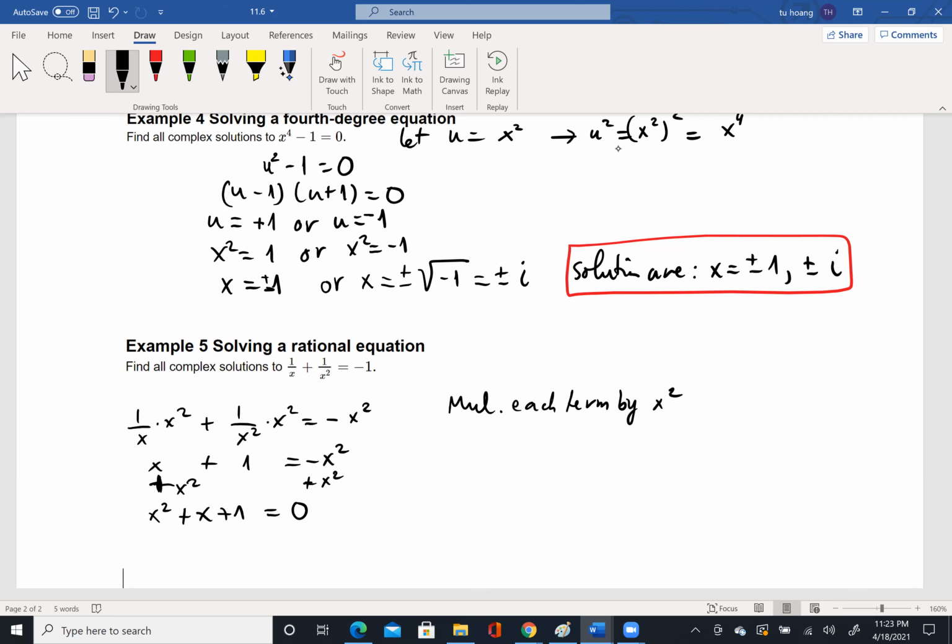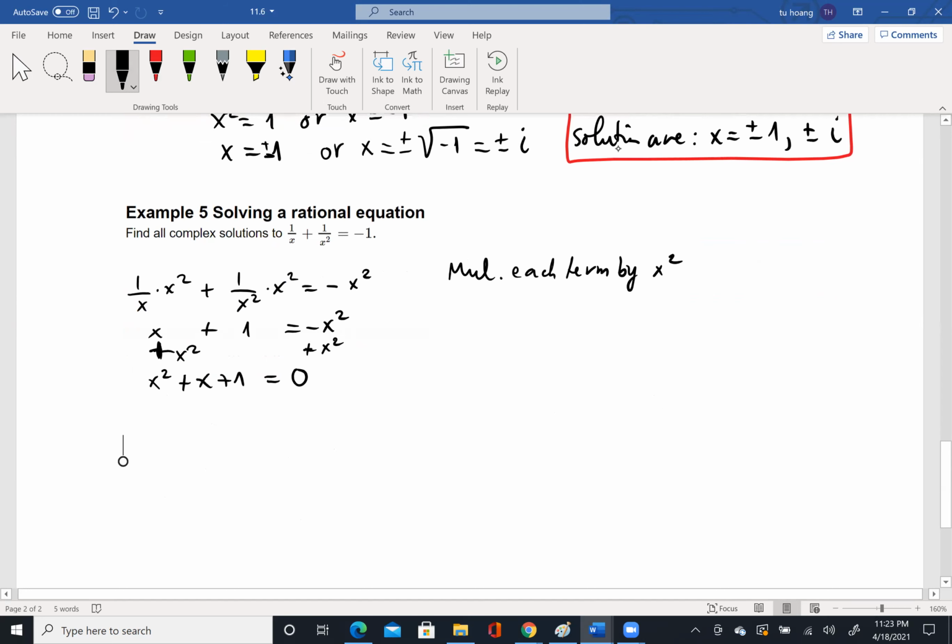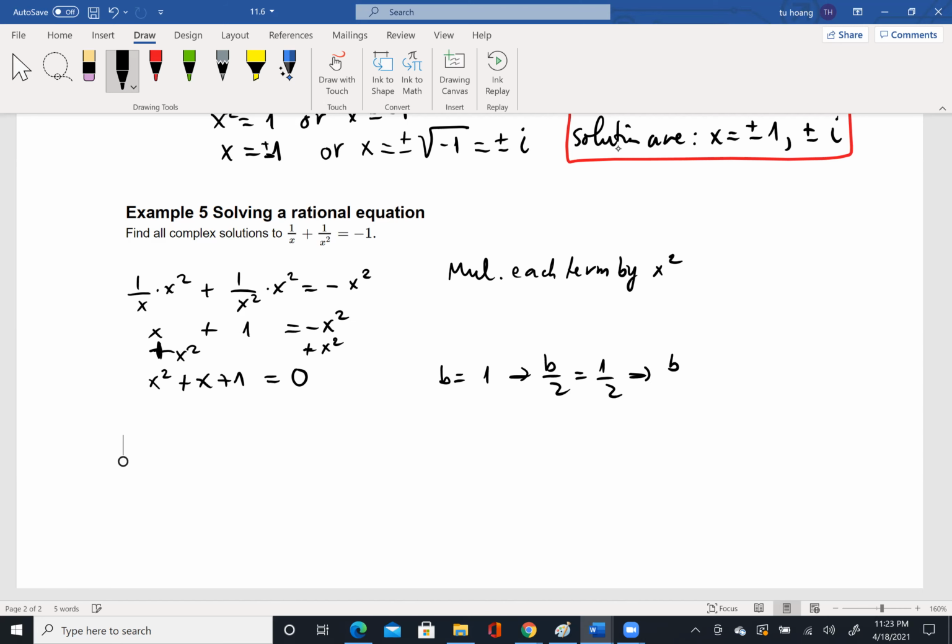Then I can think about completing the square. So I have b here equal to 1. Then b over 2 will be equal to 1/2, and b over 2 squared will be equal to 1/4. Let's add 1/4 to both sides.